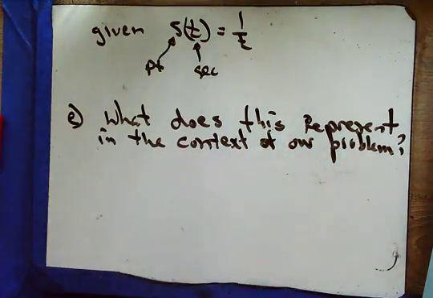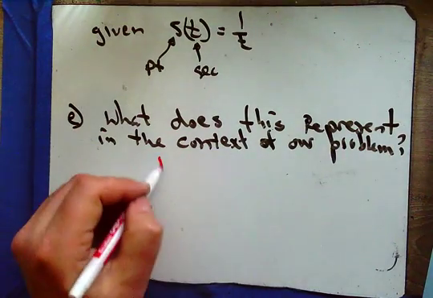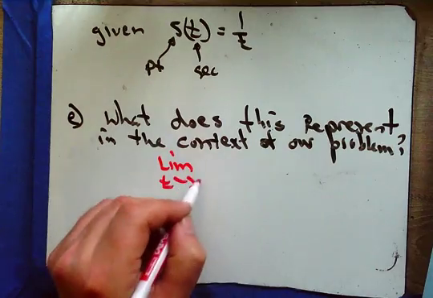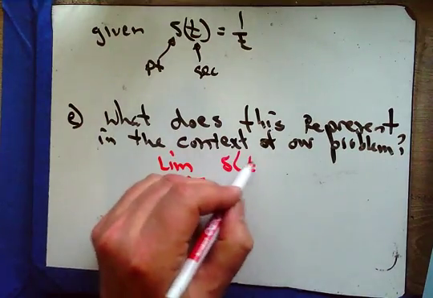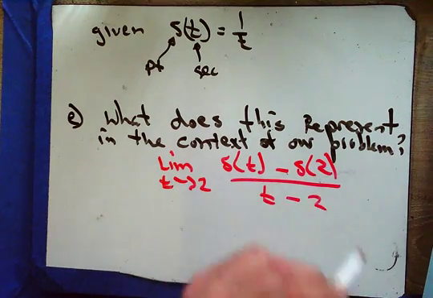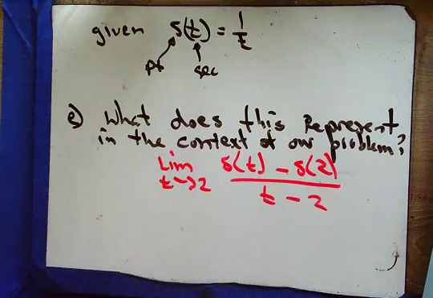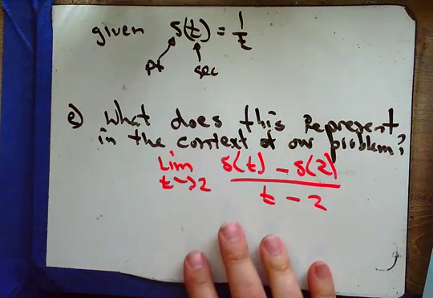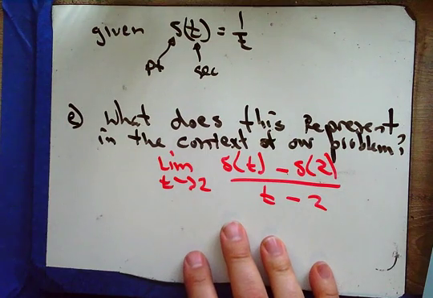And this refers to the limit as t heads to 2 of s of t minus s of 2 over t minus 2. What does that represent in the context of the problem? This is going to be the way that you probably experience limit definitions of the derivative on the AP exam.